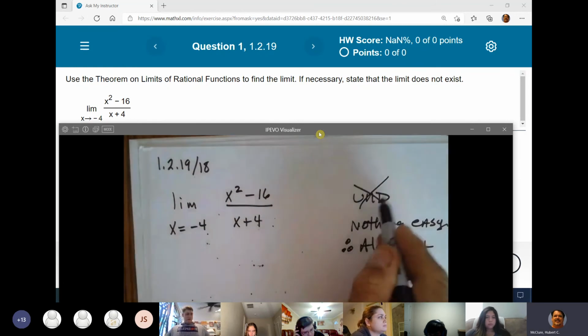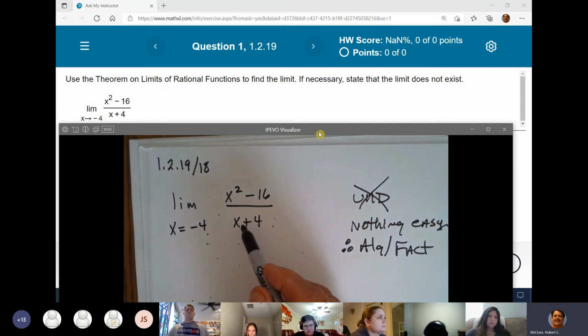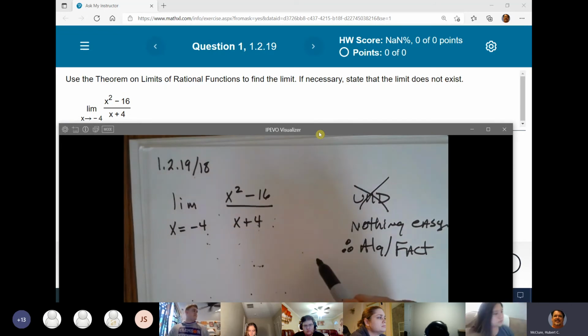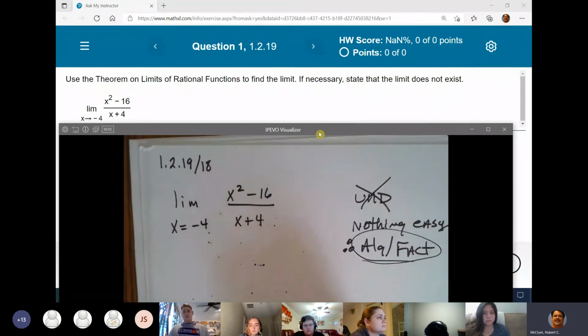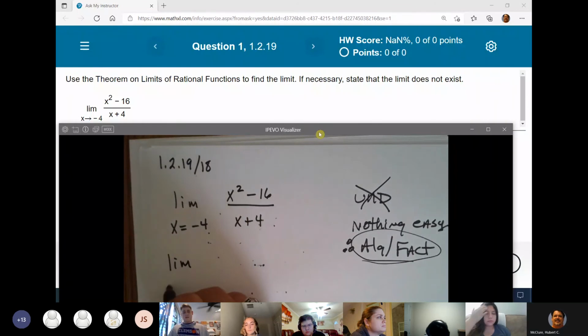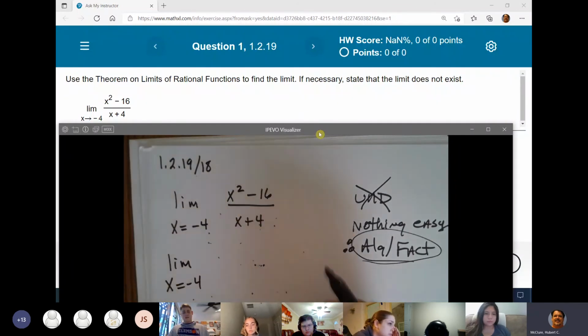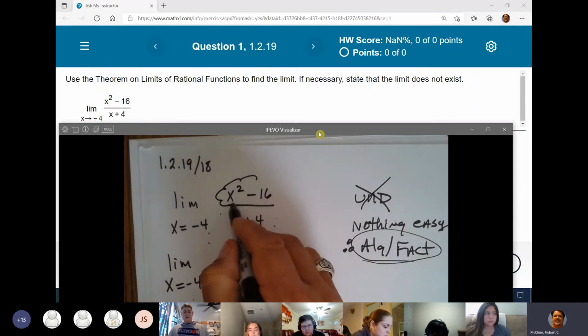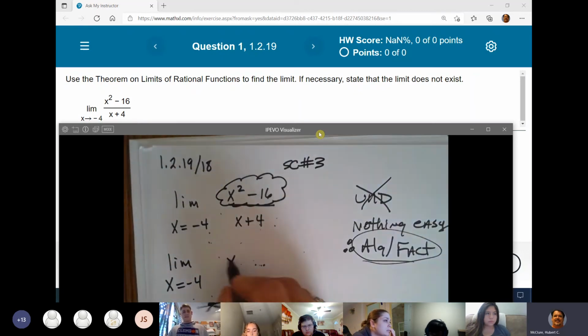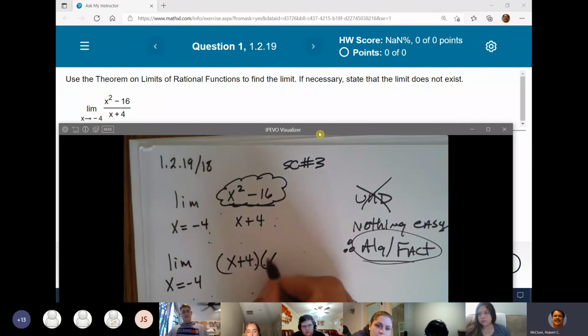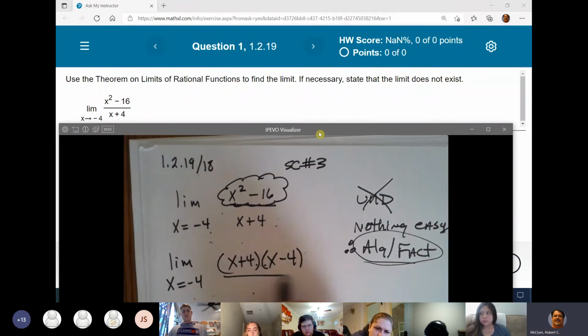When you get something that simple and it's undefined, you get a 0 down here, the first thing you think of is, no, nothing's that simple. I got to do something else. So that's when you do your algebra. Limit as x approaches -4, shortcut number 3. x plus 4, x minus 4 over x plus 4.